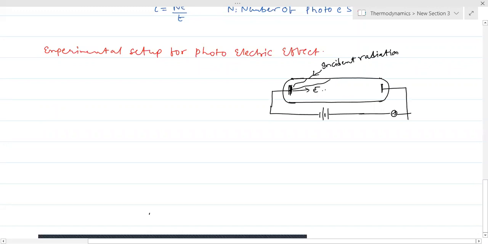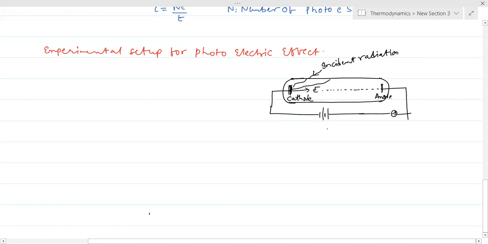These electrons start to move from the cathode and slowly move to the anode, so the anode starts attracting the electrons. We provide a high potential difference between the cathode and anode.